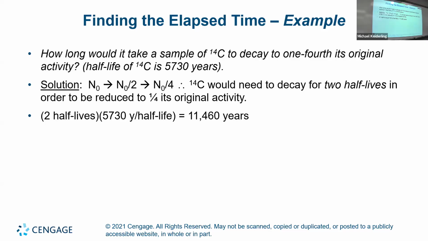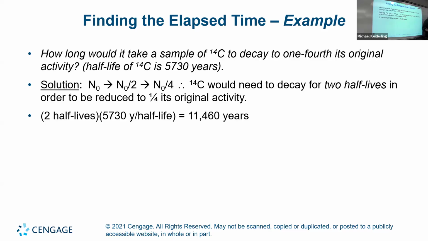Once you die, though, you stop interacting with that system. And so the carbon starts to decay. So you can use this to date things. So how long would it take a sample of carbon-14 to decay to 1/4 of its original activity? The half-life of carbon-14 is 5,730 years.